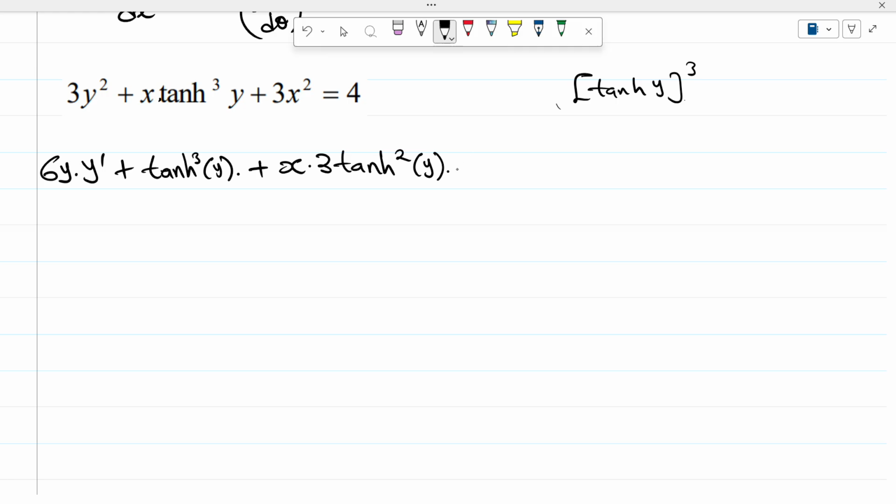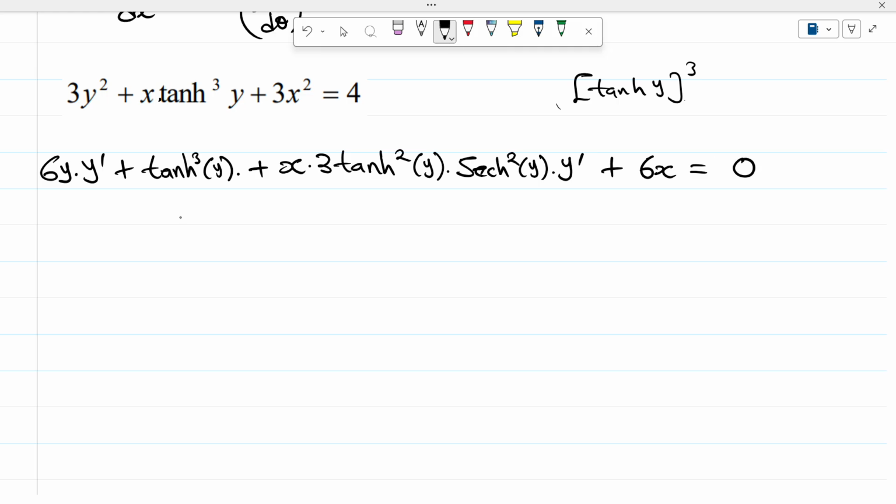When we differentiate hyperbolic tan, we then get hyperbolic sec squared of y, and then we differentiate the argument y, which is just going to be y prime, and then plus what? Plus the derivative of 3x squared, which is just going to be 6x, right? Plus 6x, which equals the derivative of 4, which is 0.